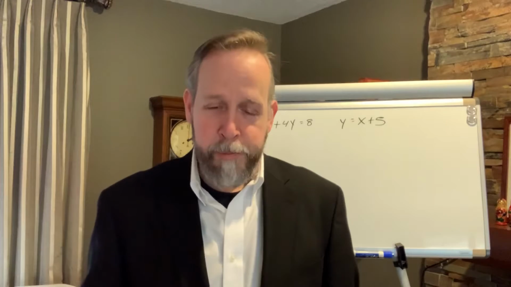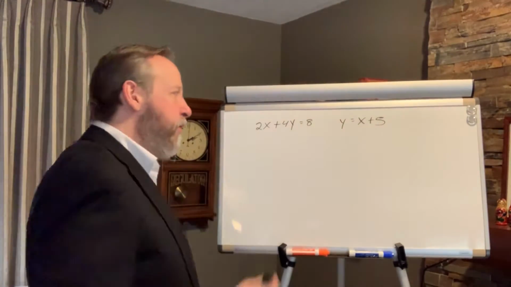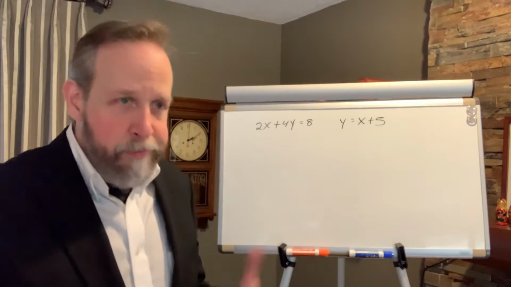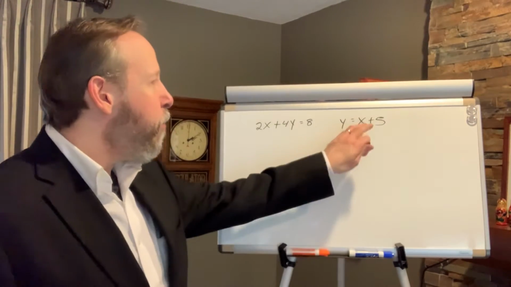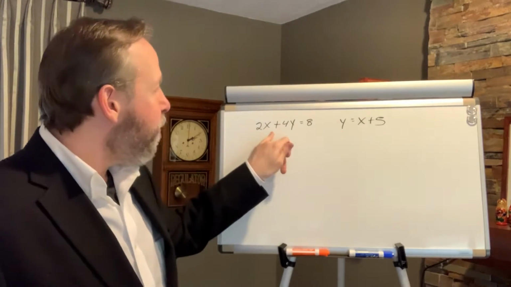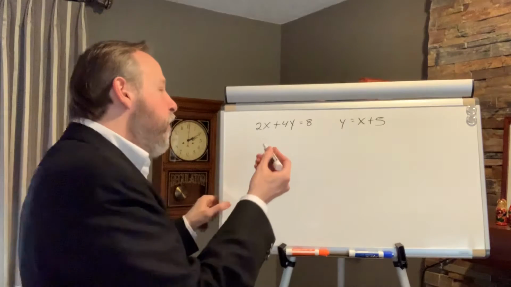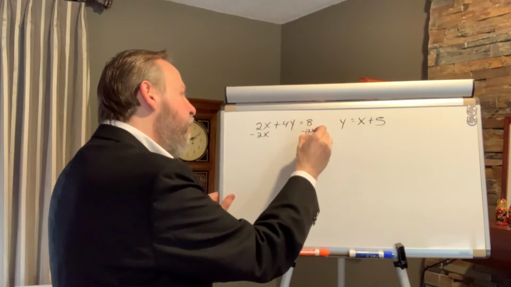Those are due tomorrow. So, on the board, I have an example of one type of system, and as usual, you're going to have to make sure they're both in graphable format. This one is already in slope-intercept form and is good to go, but this one's in standard. So, to put it in slope-intercept, I'm going to subtract 2x from both sides.